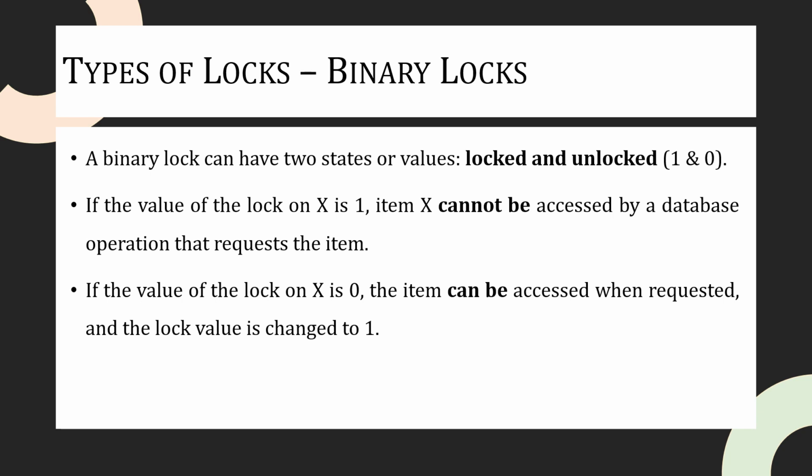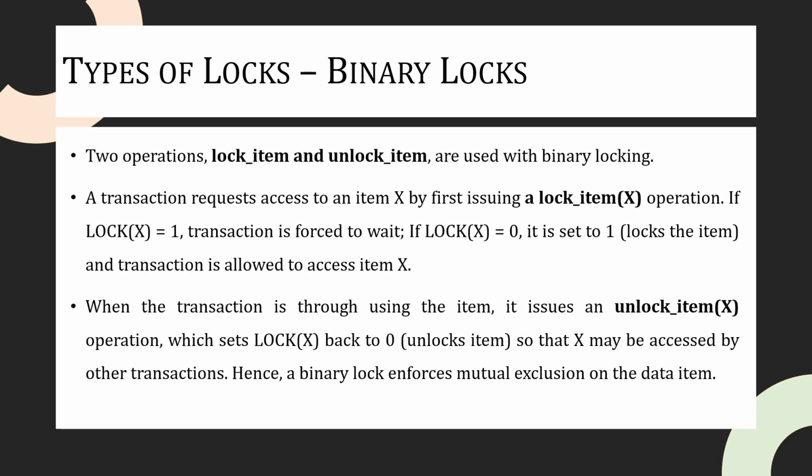And if the value of the lock on X is 0, the item is available and can be accessed when requested, and the lock value will be changed to 1.